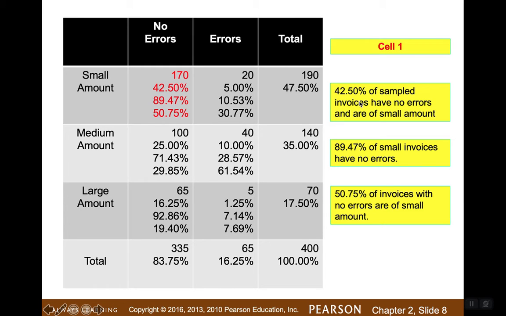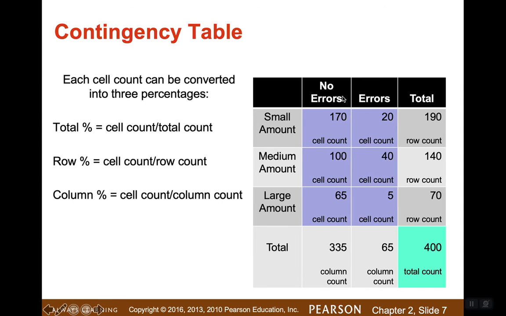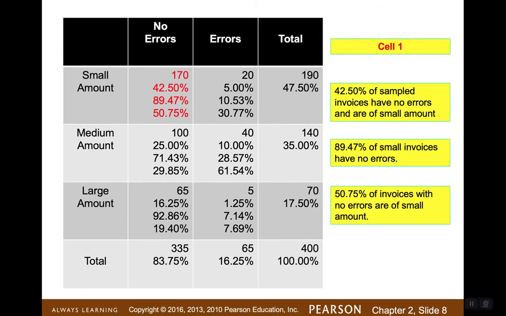We'll do the first number, for the first set, which is the total, which says 42.5% of sampled invoices have no errors and are of a small amount. Also, 89.47% of the small invoices have no errors.